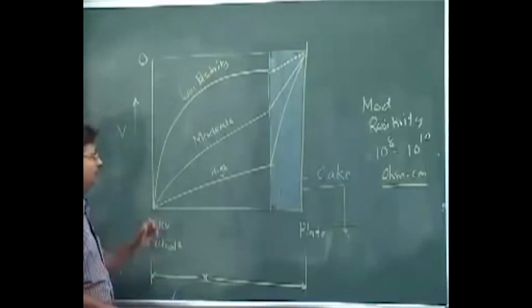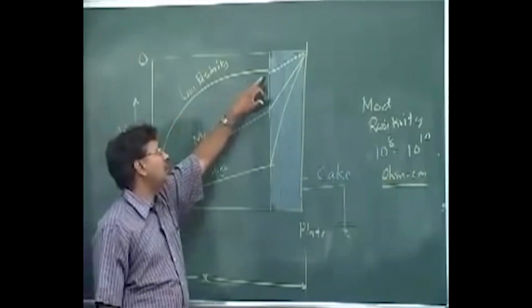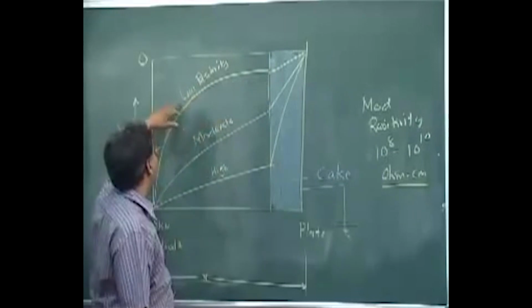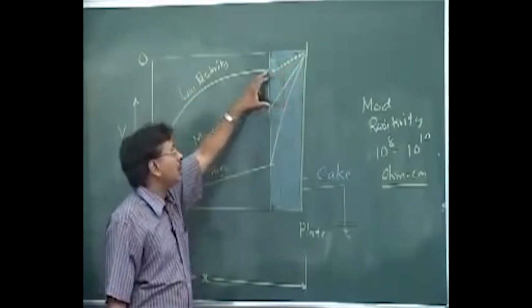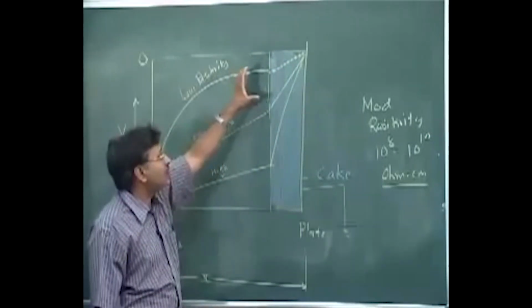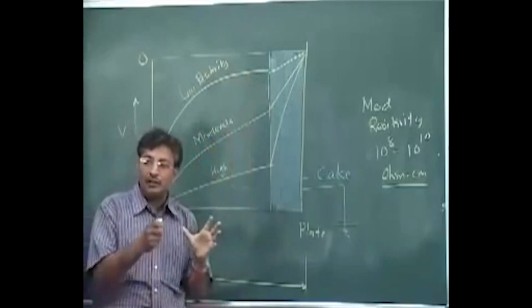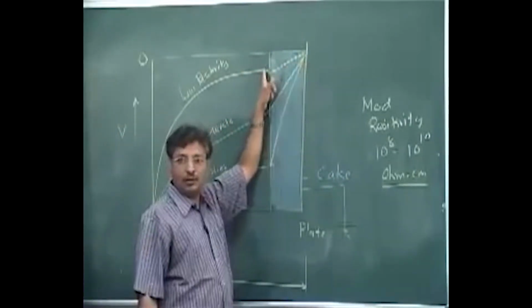See here, when resistivity is very low, there is not much difference of the voltage between here and here. As a result, the particles, even if they are trapped, do not have enough force, because things are about the same at this point and this point.